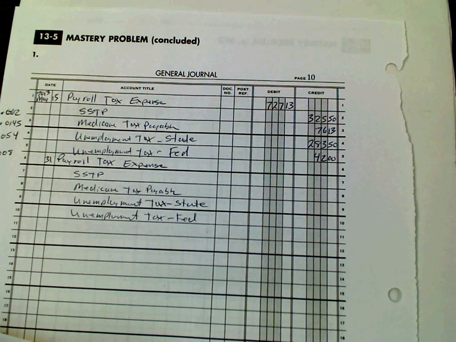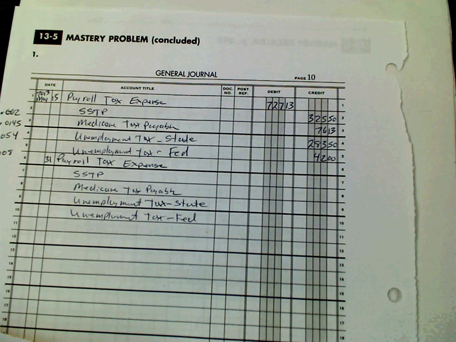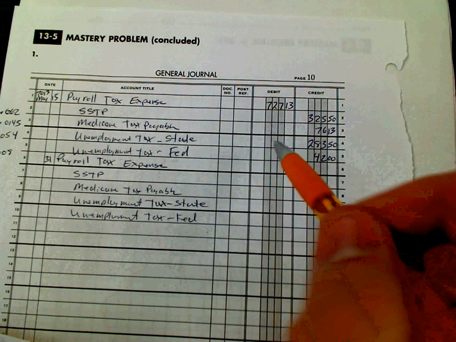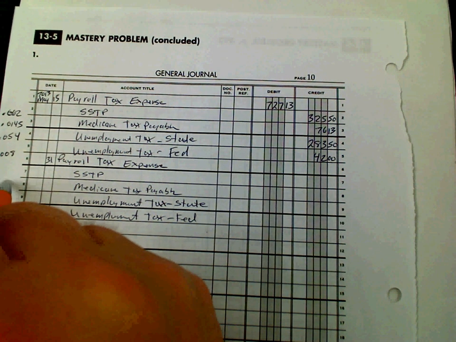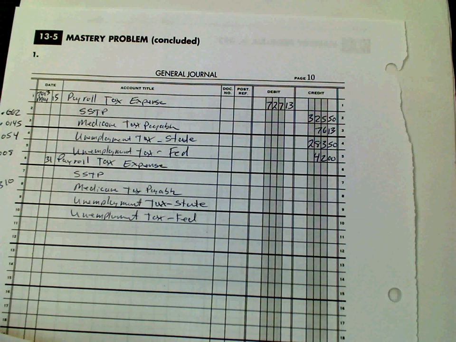Alright, so our payroll was 5310. So Social Security, 6.2% times 5310 we did on the previous page was what? Flip the page back.